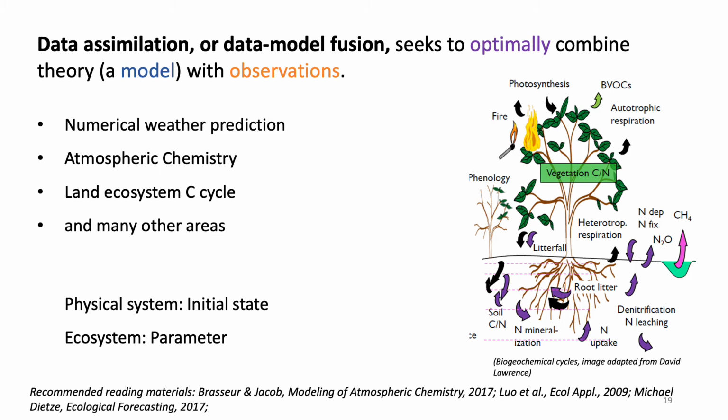Within a physical system, the priority of using data assimilation is to reduce the uncertainty of initial state, while for land models, because the ecological processes are heterogeneous in space and time, in the land ecosystem modeling world, reducing the uncertainty from parameter variability is the top priority by doing data model fusion.